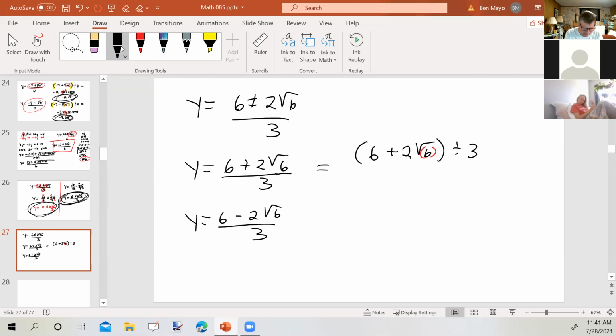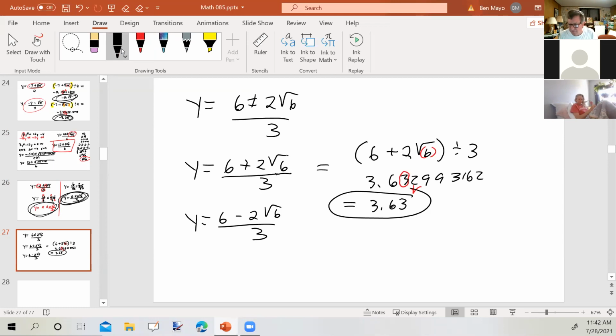Close up the radical, close up the entire numerator, divided by 3. And I get 3.6329936162. But again, it's saying to round to the nearest hundredth, which is right there. The 2 would round down. So I get 3.63. Okay. So there's the first answer.